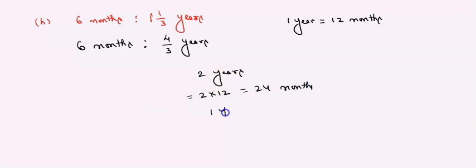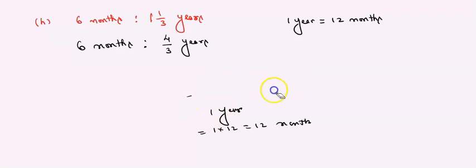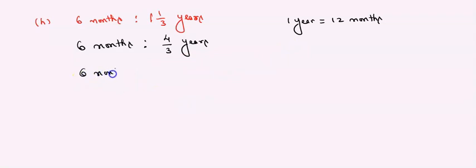If it is 1 year, 1 into 12, that is 12 months. If it is 2 years, 2 into 12. If it is 3 years, 3 into 12. Similarly, 4 by 3 years means how many months? 6 months is to 4 by 3 into 12 months.